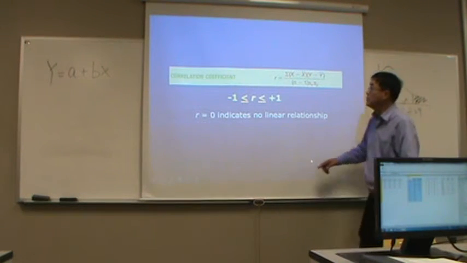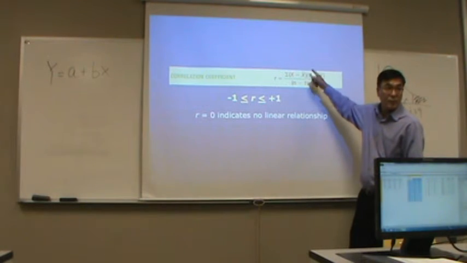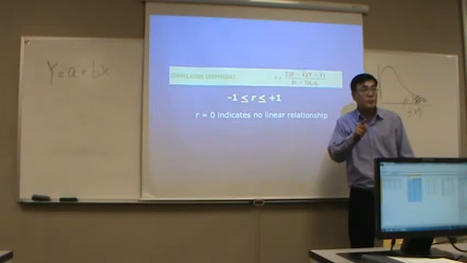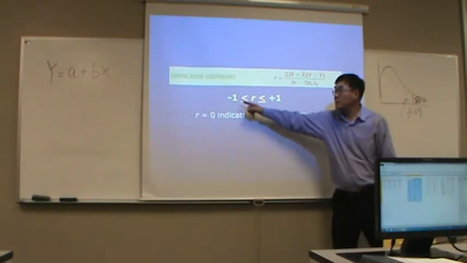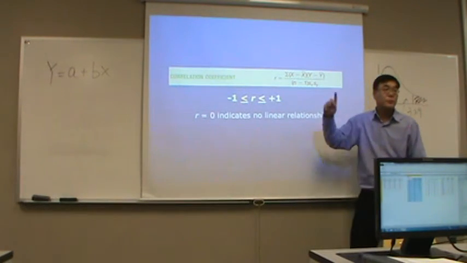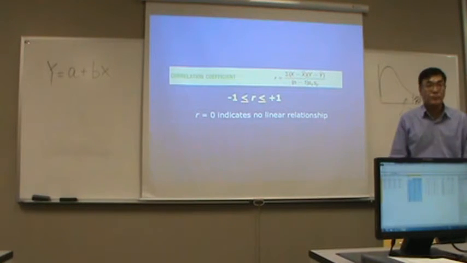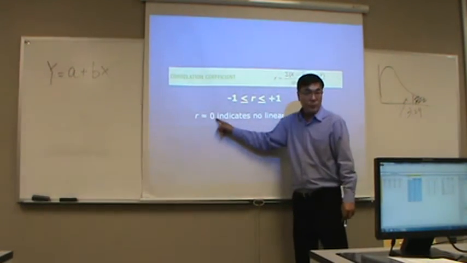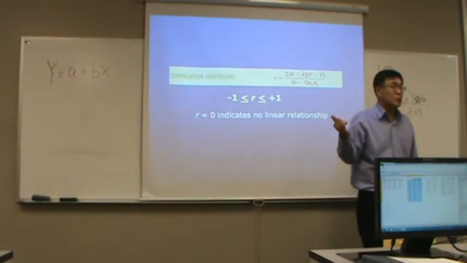R is calculated by this formula. Then the R value is from -1 to +1. If 0, there is no relationship.